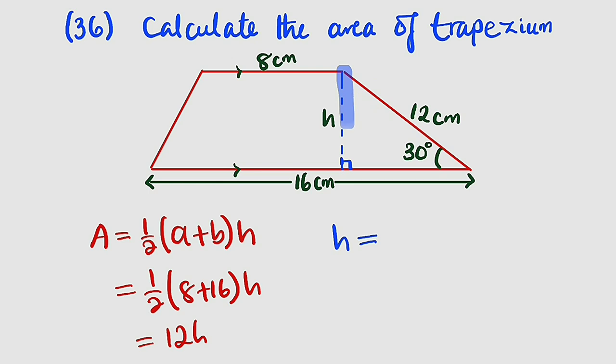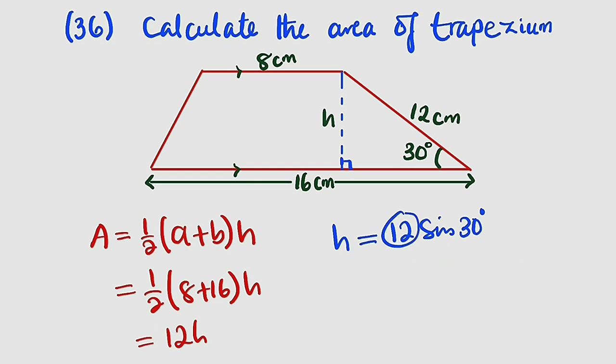If you consider this right triangle right here, we have the hypotenuse and the opposite side given this angle 30 degrees. So what is the relationship between the hypotenuse and the opposite side? Is sine, right? Therefore, h is equal to 12 sine of 30 degrees. And sine of 30 degrees is 0.5. 0.5 is the same thing as half, right?